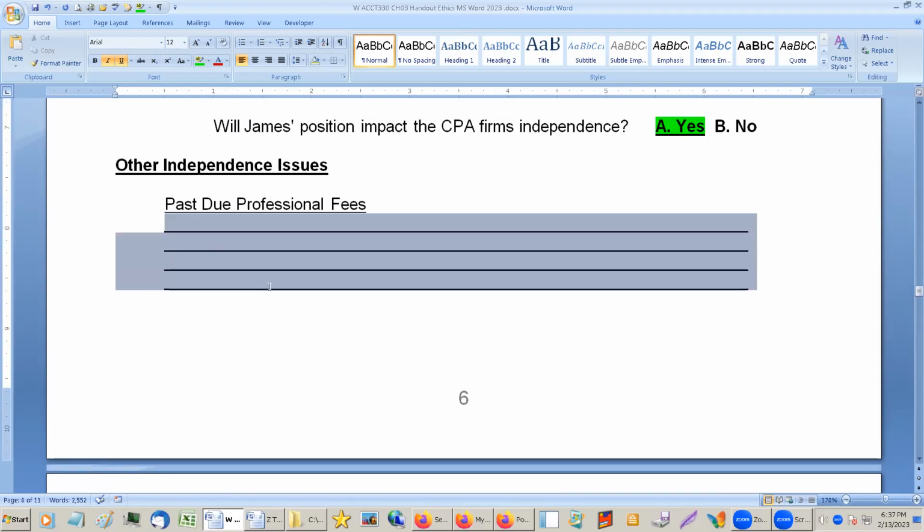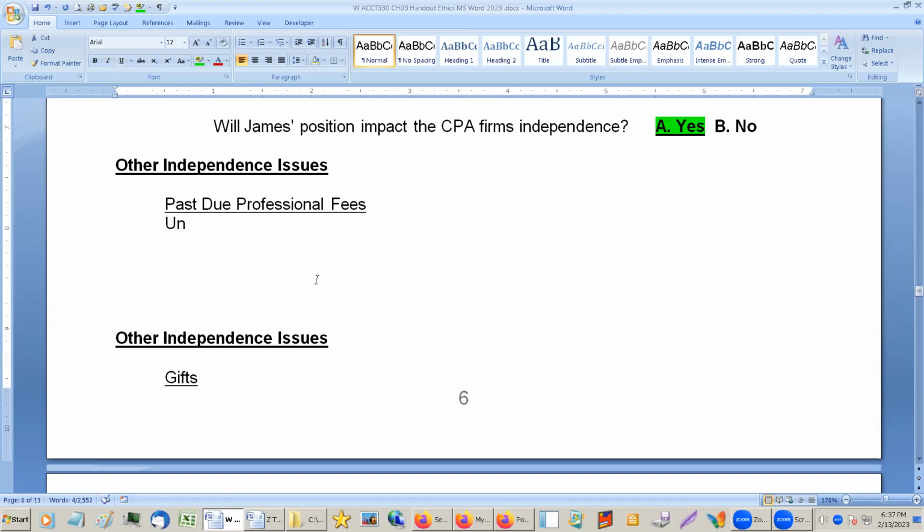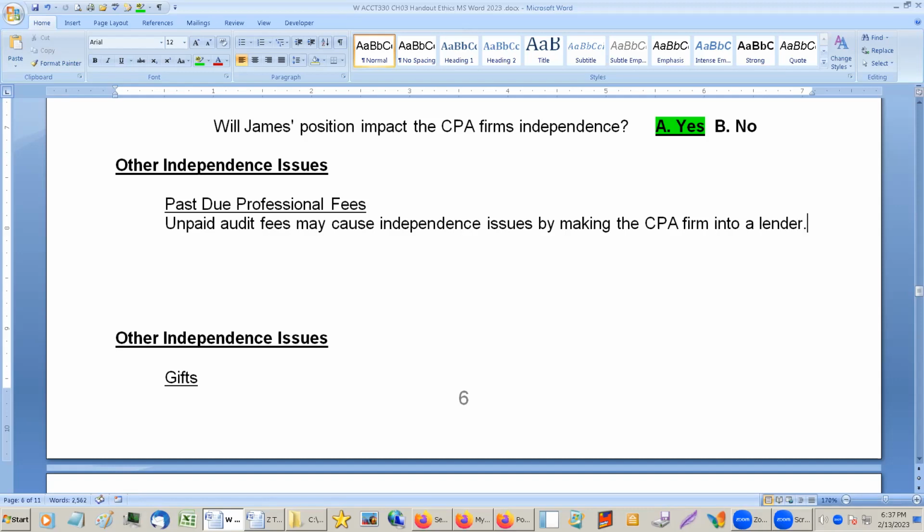Past due professional fees. Unpaid audit fees are an independence issue.